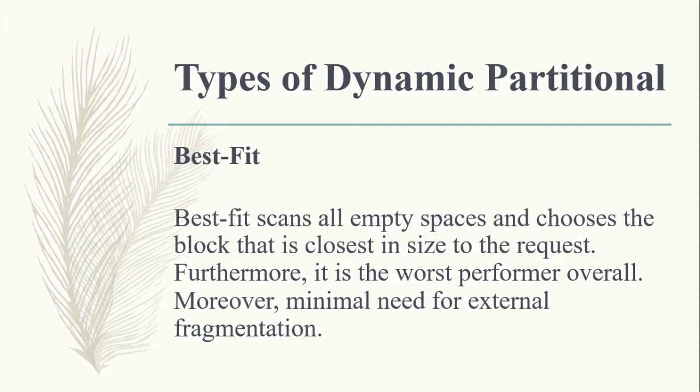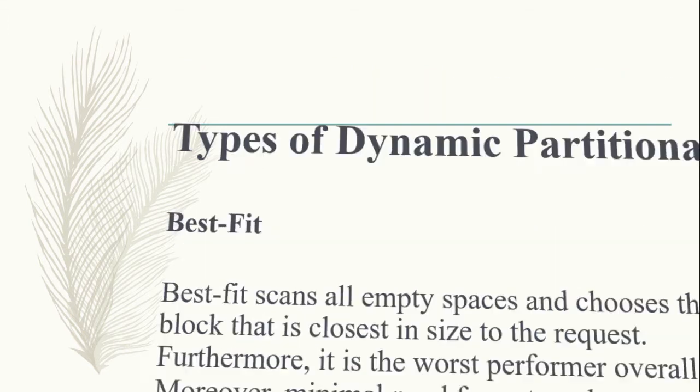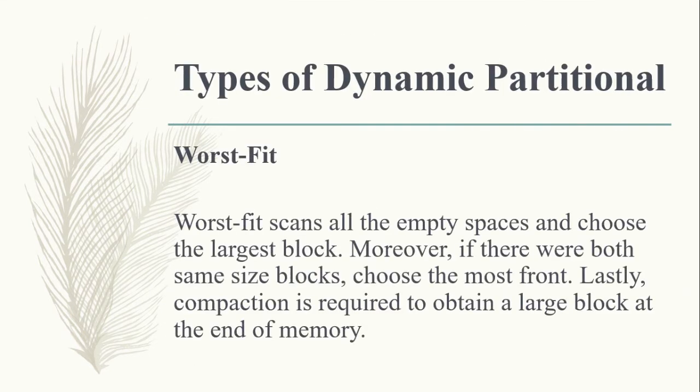Furthermore, it is the worst performer overall. Moreover, it leaves minimal external fragmentation. While the worst fit scans all the empty spaces and chooses the largest block. Moreover, if there are two blocks of the same size, choose the most front. Lastly, compaction is required to obtain a large block at the end of memory.